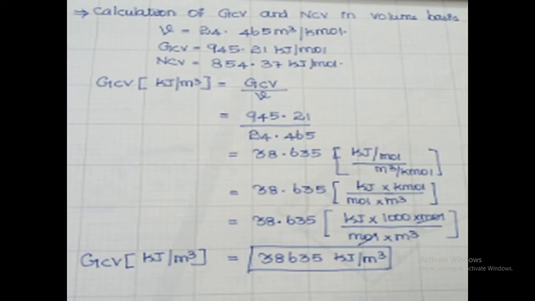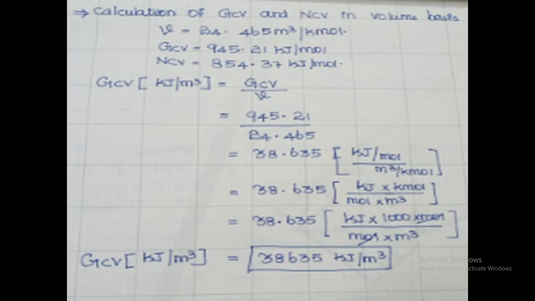Now we are going to calculate the GCV value in terms of volume basis. Volume basis means the units are kilojoule per metric cube. So how do we get kilojoule per metric cube? What do you do here? GCV divided by specific volume. GCV in terms of mole basis, we have 945.21.